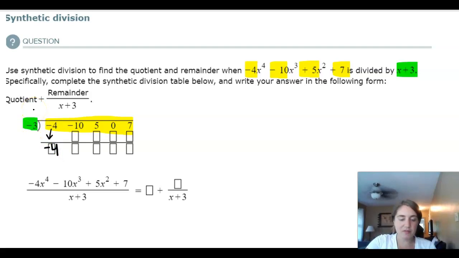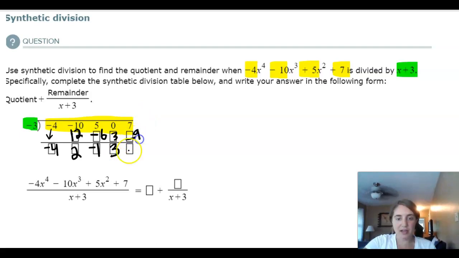Times by 3, 12. I get a 2 times by -3, -6. Add down, get a -1. Times by -3, get a 3. Add down 3.